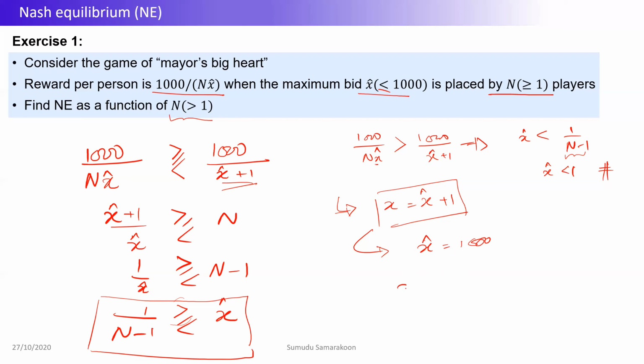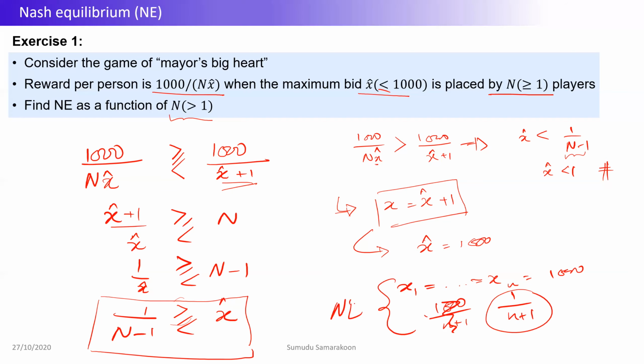So it means x1 to xn would be 1000. That is the action. The reward would be, let's say there are n players, so we can just say 1 over n plus 1. This is the reward. So these two constitute the Nash equilibrium.